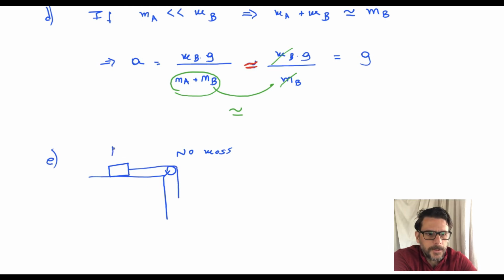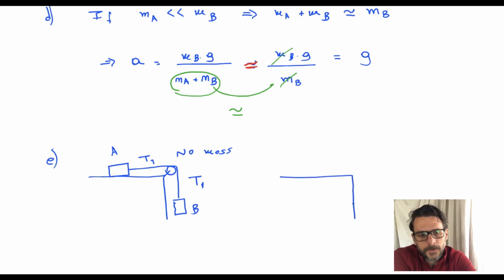This is block A, this is block B, and this tension is called T1 on both sides, right? There is no mass, the pulley needs no torque to start rotating. Now, we do have mass on the situation that has been described to us. We do have mass.